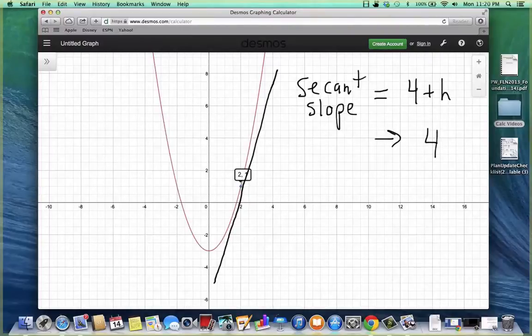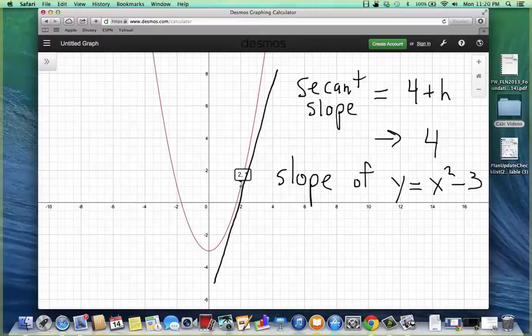So the slope of the secant line gets closer and closer to 4 as h gets closer and closer to 0. So we will define the slope of the curve y equals x squared minus 3 at the point (2, 1) to be equal to 4.